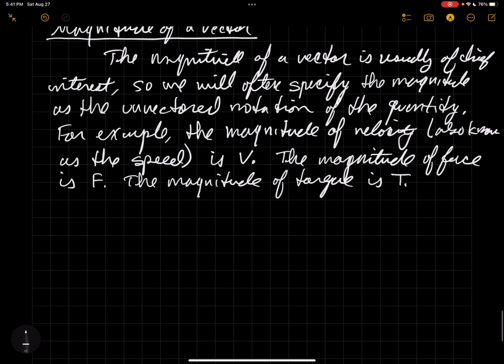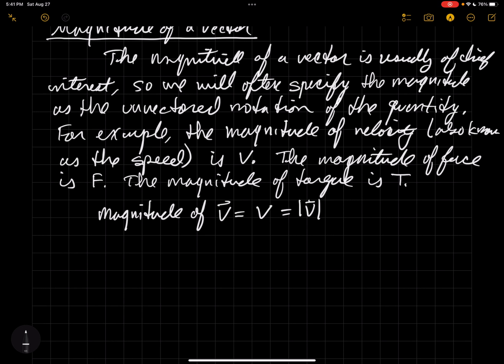And so the notation that we'll use for, say, velocity, right? If we say the magnitude of the velocity vector is equal to just v, we'll also oftentimes describe that with the two parallel bars that we often use to indicate absolute value of the vectored quantity.